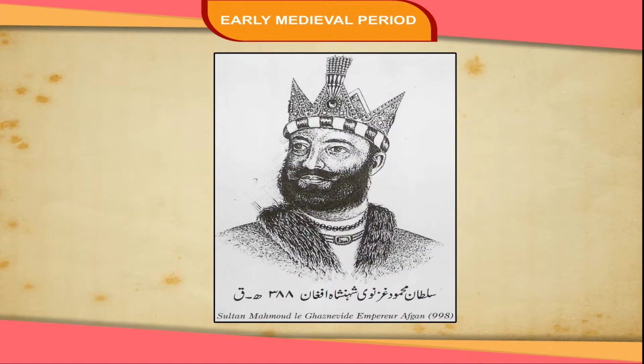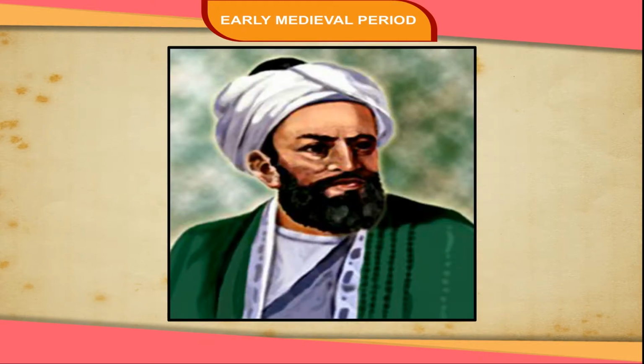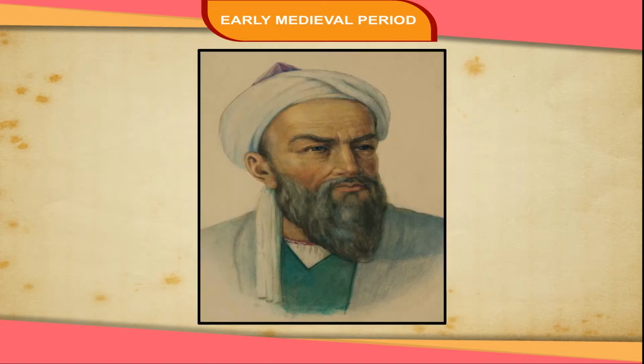Mehmood was one of the greatest conquerors of the medieval period. His attacks devastated northern India and left it in a weak state. He carried away not only immense wealth but also many skilled artists and learned men. The famous scholars Al-Biruni and Firdausi lived in his court.